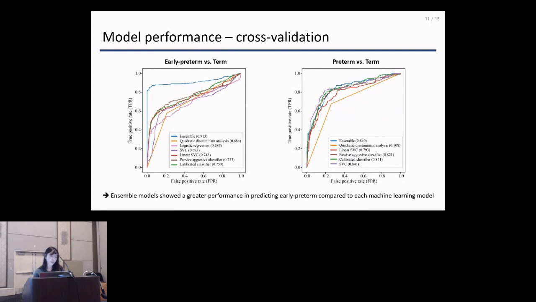This blue line is the performance of the ensemble model, and the rest are the single machine learning models used to construct the ensemble model. You can see that by combining all the other models, it performed very well.